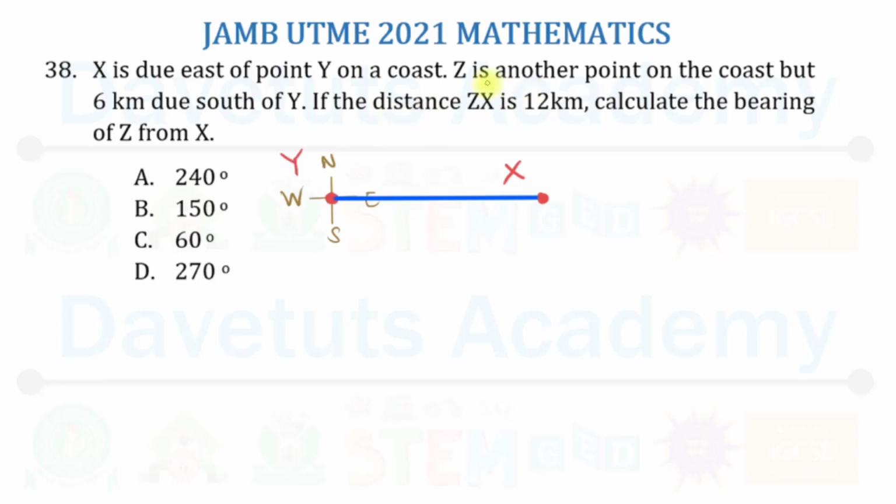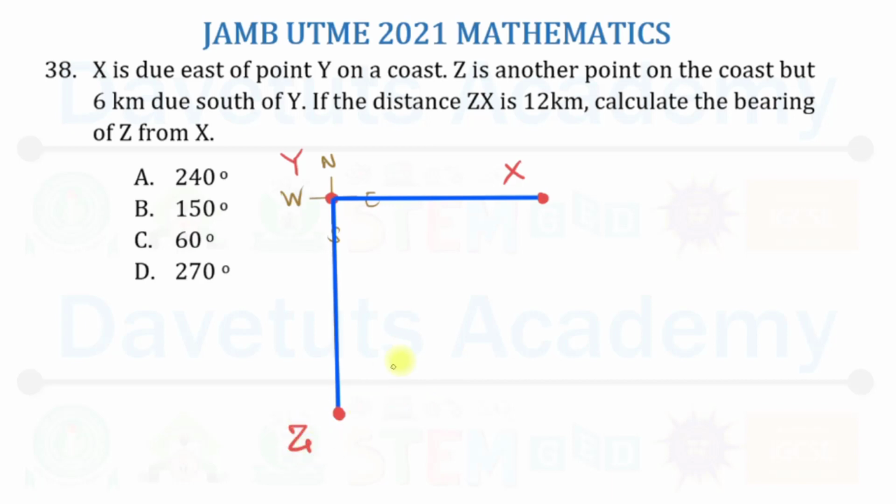Then we are told that z is another point on the coast, but 6 kilometers due south of y. So again, we go back to y and take 6 kilometers due south. We'll get to point z.